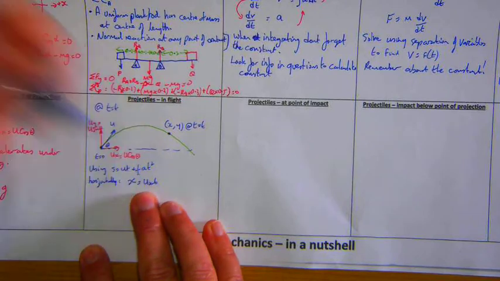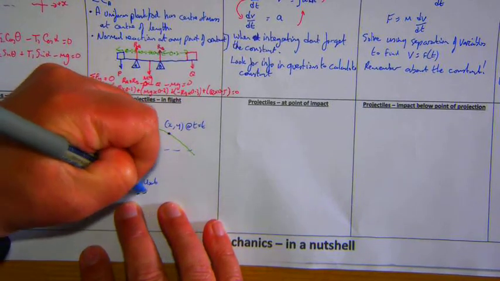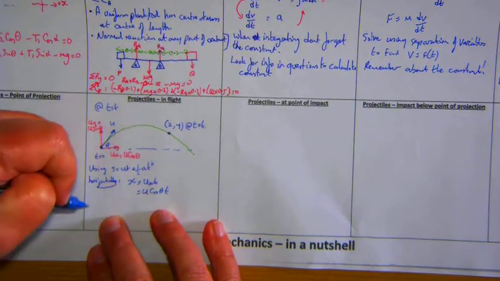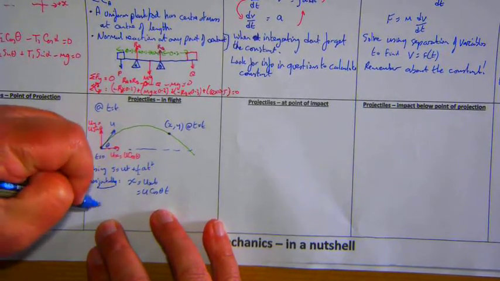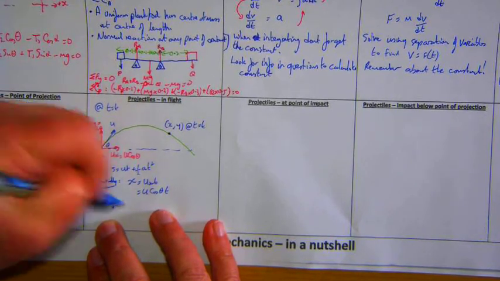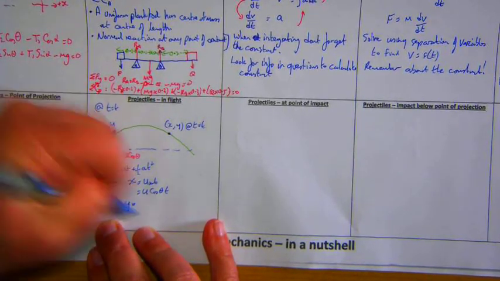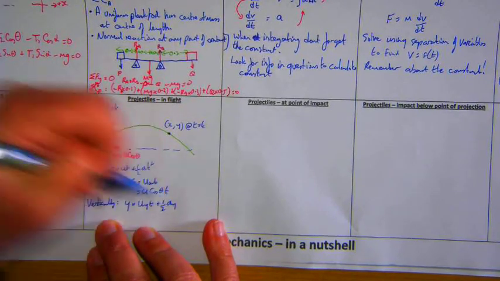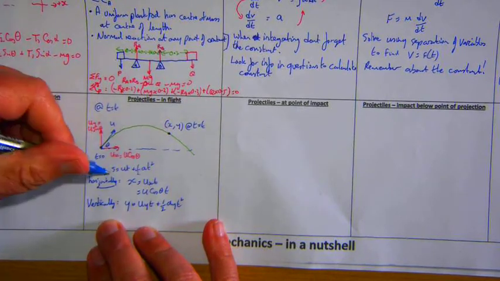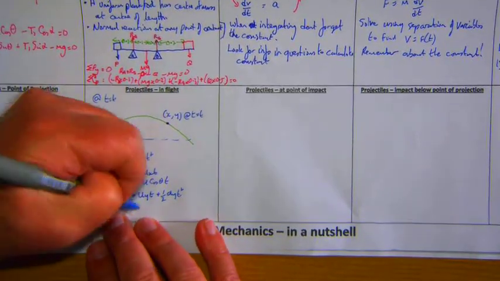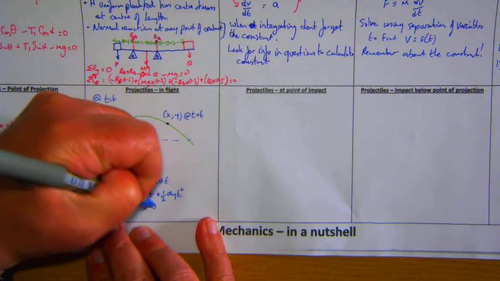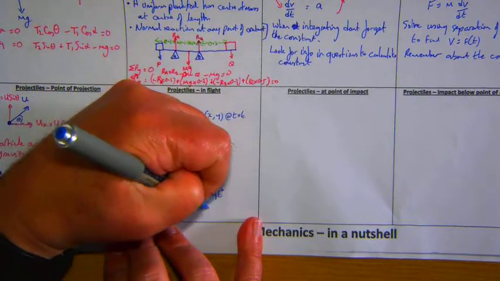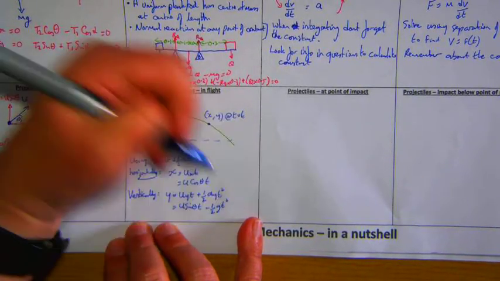So that's equal to uxt, which is u cos theta t. Vertically, y would be uyt plus a half ay t squared. So we're still using s equals ut plus half at squared. Uy is u sine theta t, and ay is minus g. So that will become minus a half gt squared.